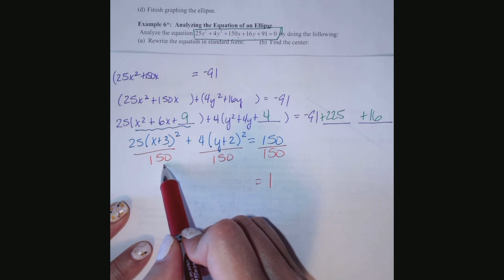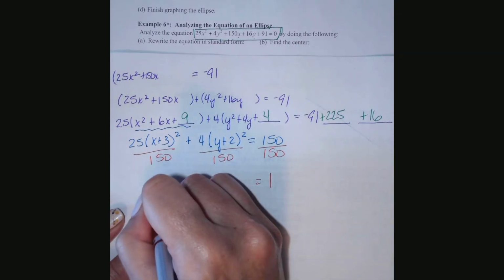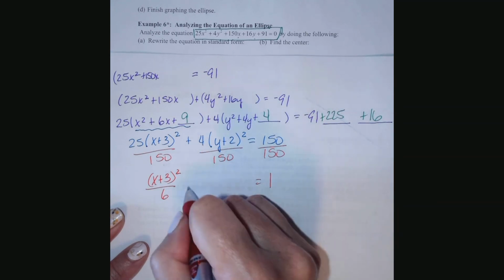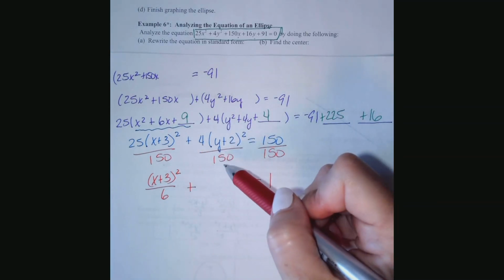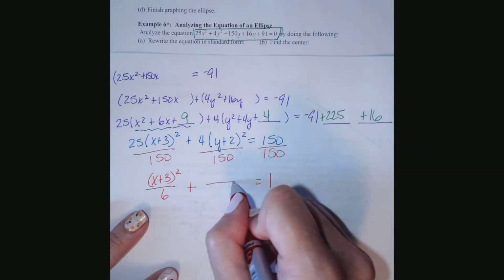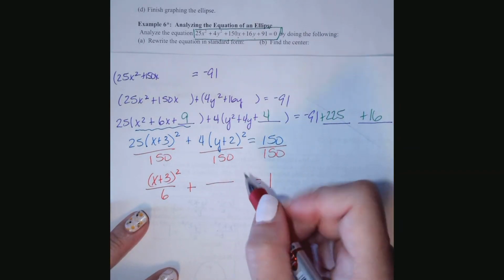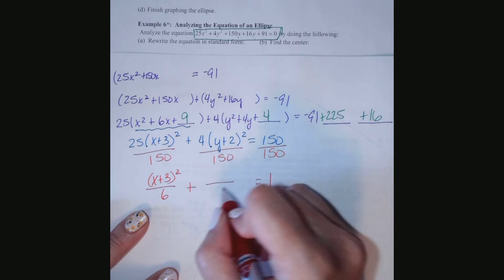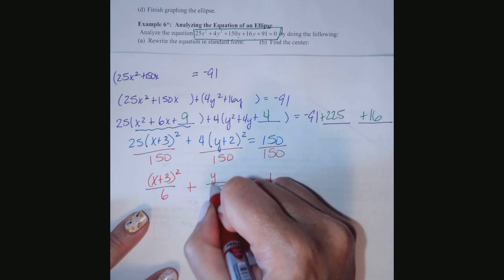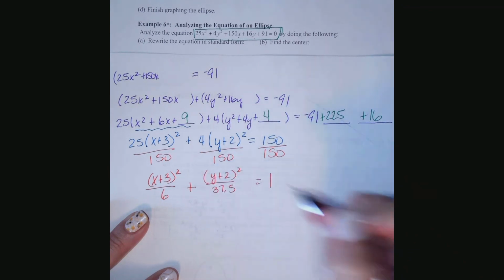25 and 150, that gives me 6. So this first term is x plus 3 quantity squared over 6 plus, well, how many times does 4 go into 150? 4 does not go into 150 evenly, so it's going to look a little awkward, but that's okay. 150 divided by 4 is actually 37.5, with my numerator y plus 2 quantity squared.